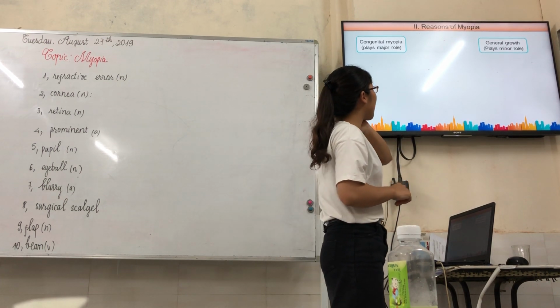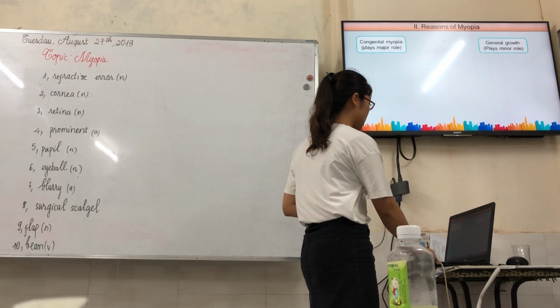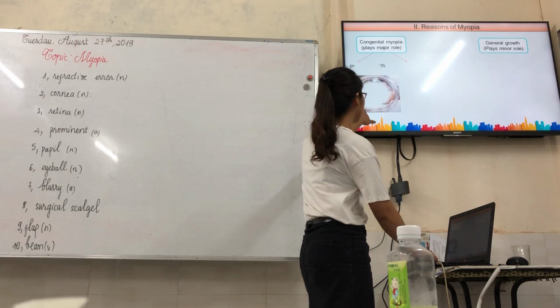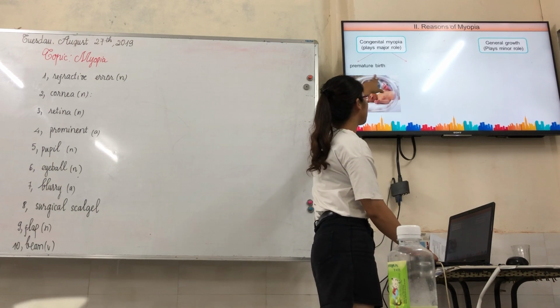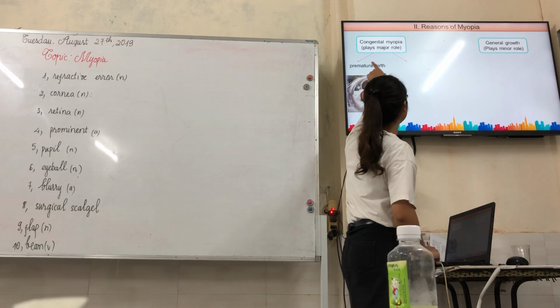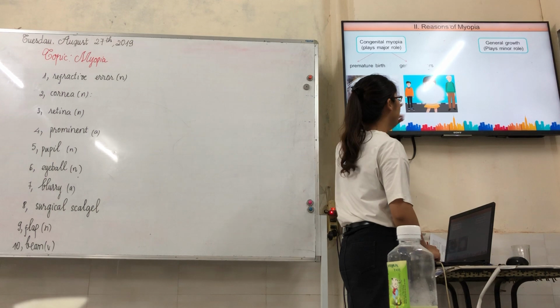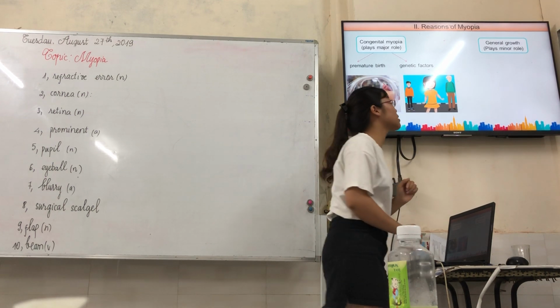Congenital myopia plays a major role. You can see that in premature birth, the rate of myopia is very high. And you can see genetic factors.